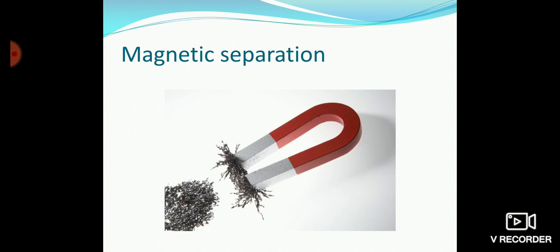For example, iron is magnetic while sand is non-magnetic. So, we can use a magnet to separate iron filings mixed in sand. The iron filings get attracted toward the magnet and stick to it while the sand particles are left behind. So, this is the method of magnetic separation.